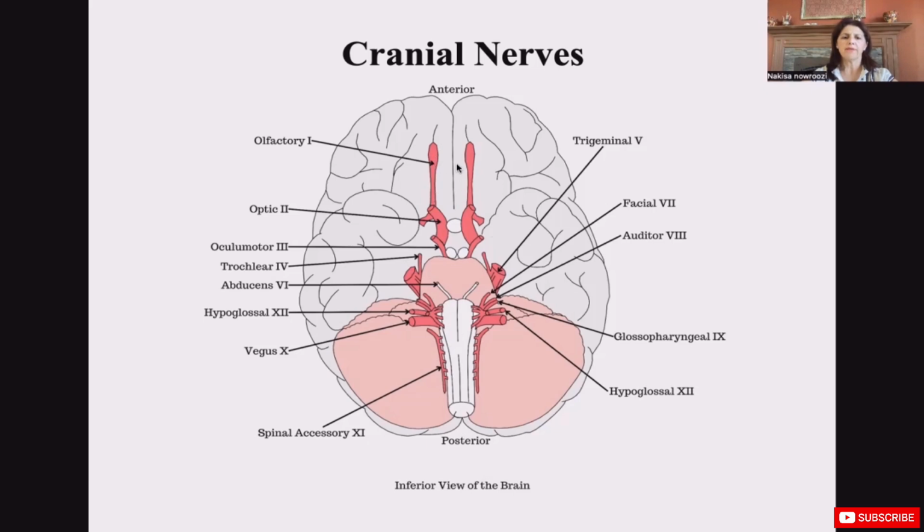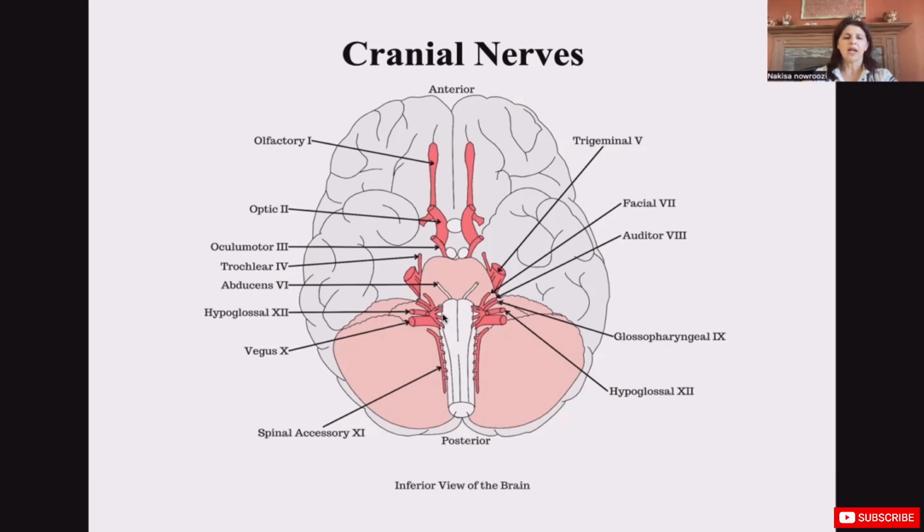Olfactory nerve 1, optic nerve 2, oculomotor nerve 3, trochlear nerve 4, trigeminal nerve 5, abducens nerve 6, facial nerve 7, auditory nerve 8, glossopharyngeal nerve 9, and then we go to vagus nerve 10, spinal accessory nerve 11, and then we kind of come back to the top.